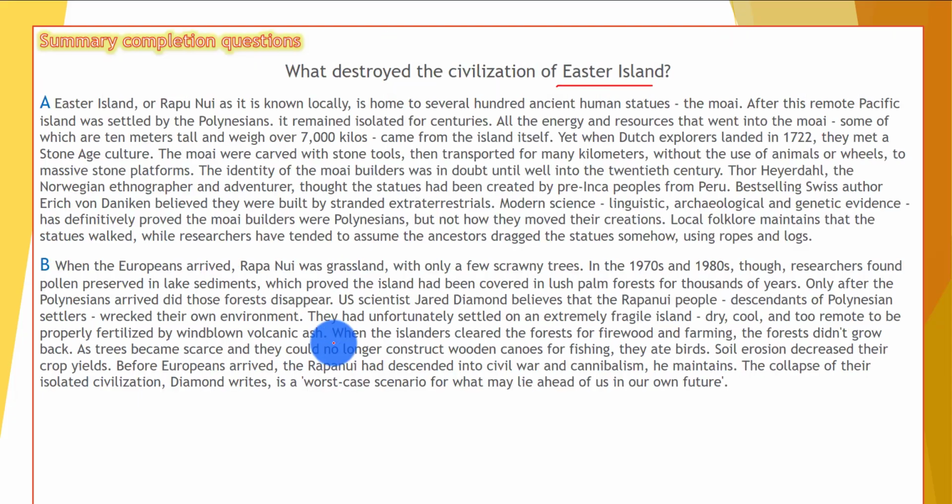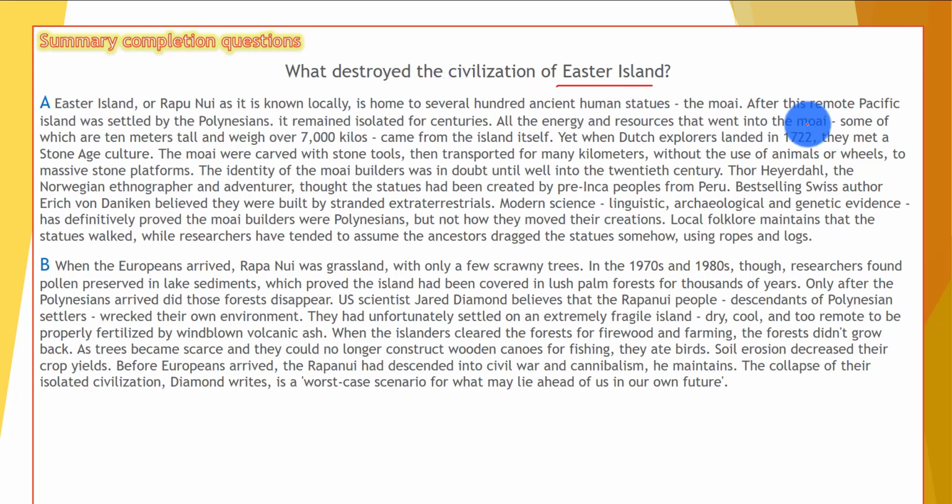Now let's go back to our passage and look for Diamond. You just need to skim and scan and find the passage, because Diamond is a scientist's name and easy to find. We will use the scanning technique in order to find Diamond.